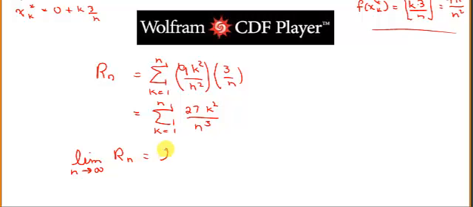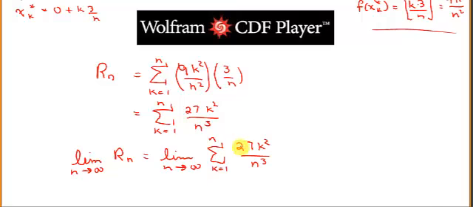That's going to be the limit as n goes to infinity of the sum, as k goes from 1 to n, of 27 k squared over n cubed.